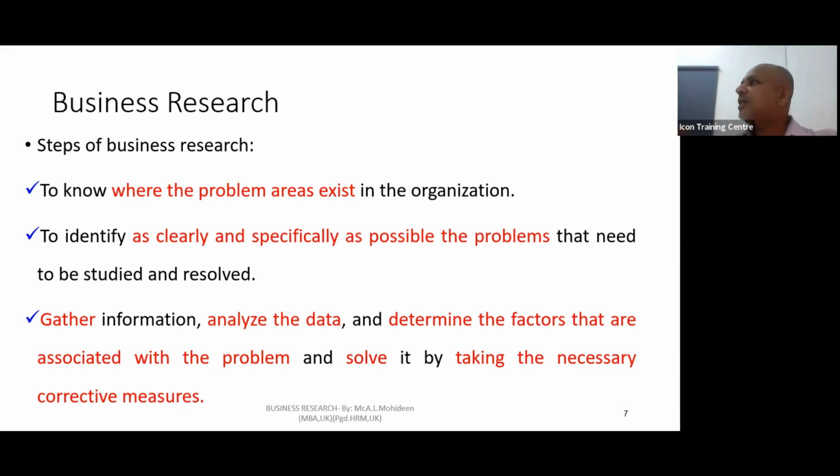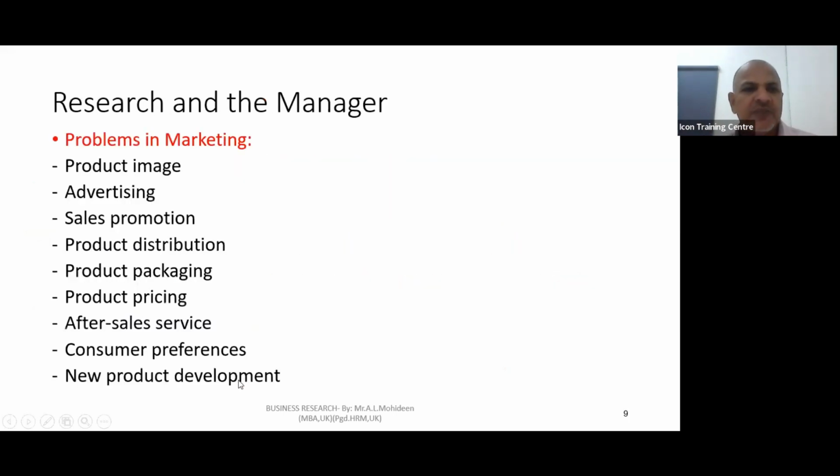The factors associated, direct, independent, dependent, we discussed already. You understand? Factors associated with what? In retention, we have taken three. What are they? Compensation, appraisal, and training and development. Example. Where did I take this from? From a research paper. Somebody did it. Then solve by making the necessary measures.